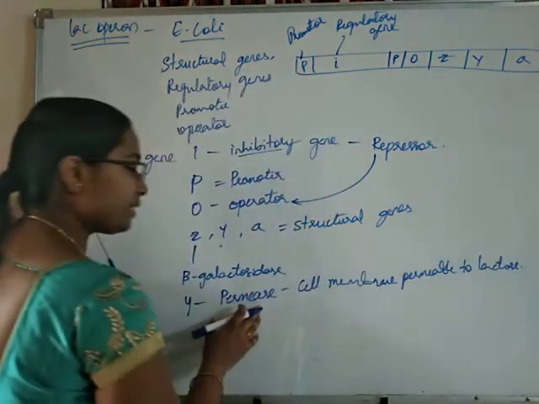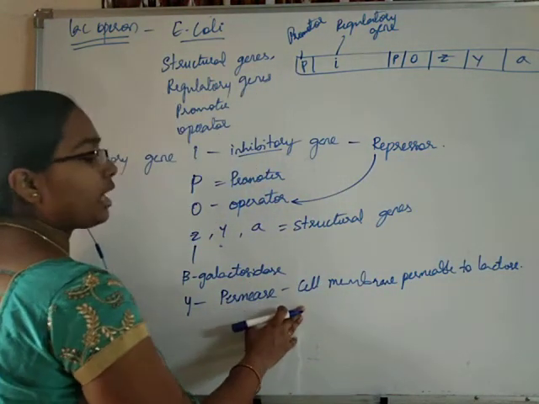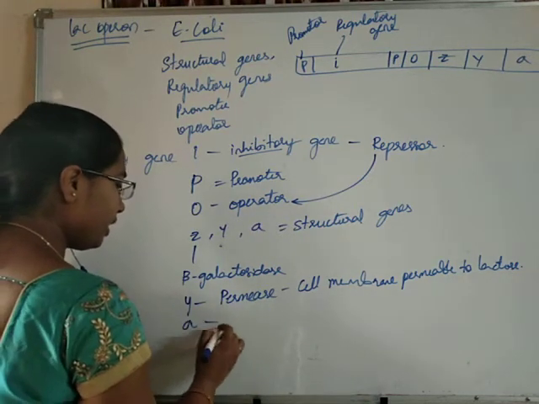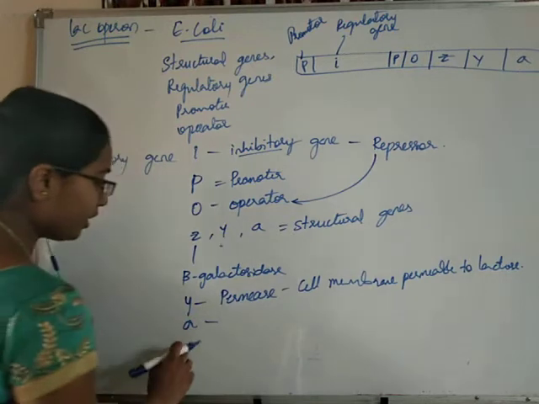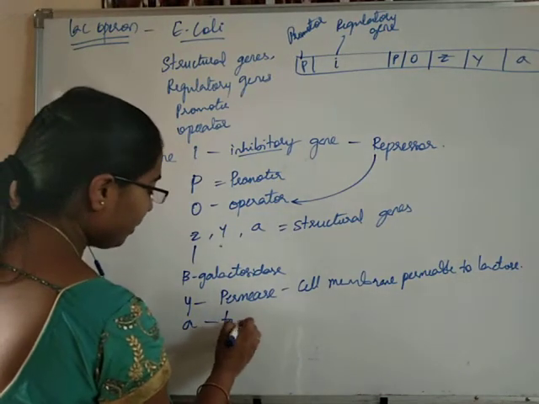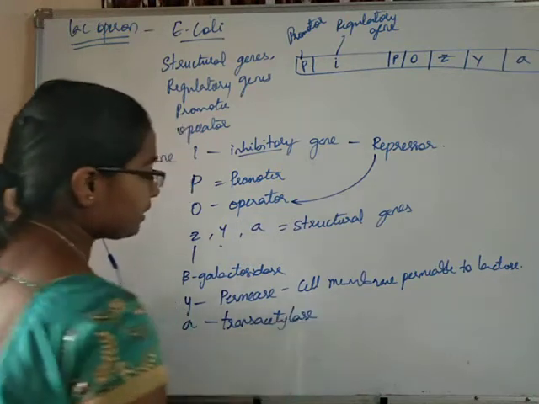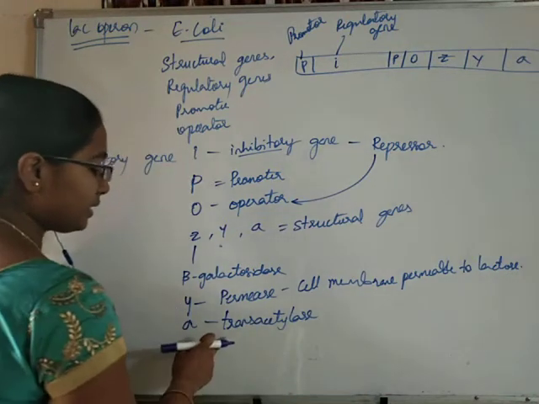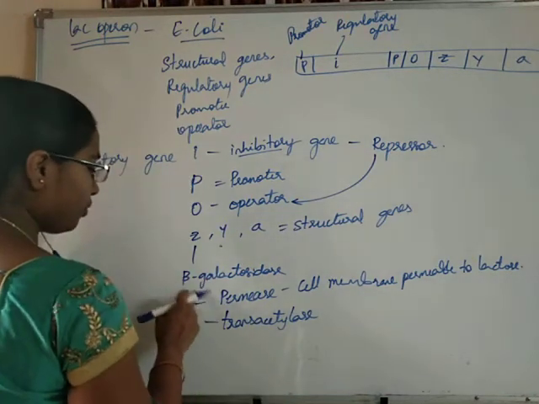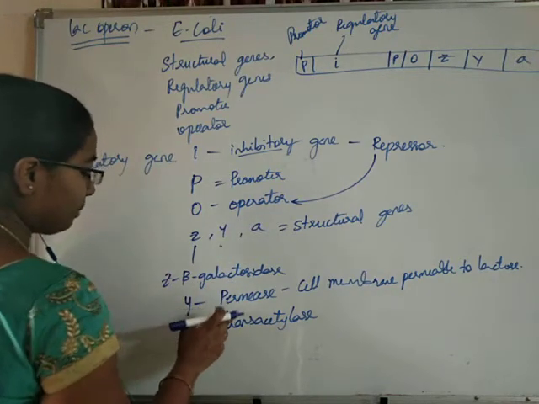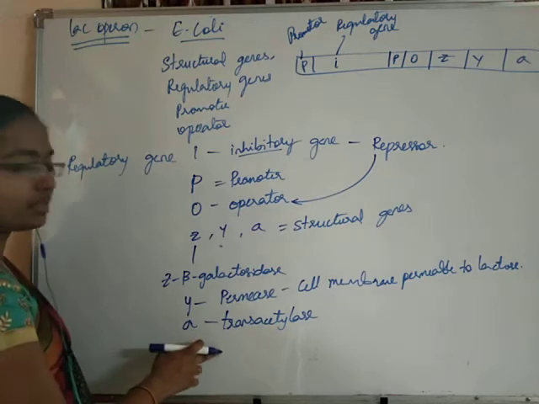And A gene is producing an enzyme transacetylase. So, Z is producing beta galactosidase, Y is producing permease, A is producing transacetylase.